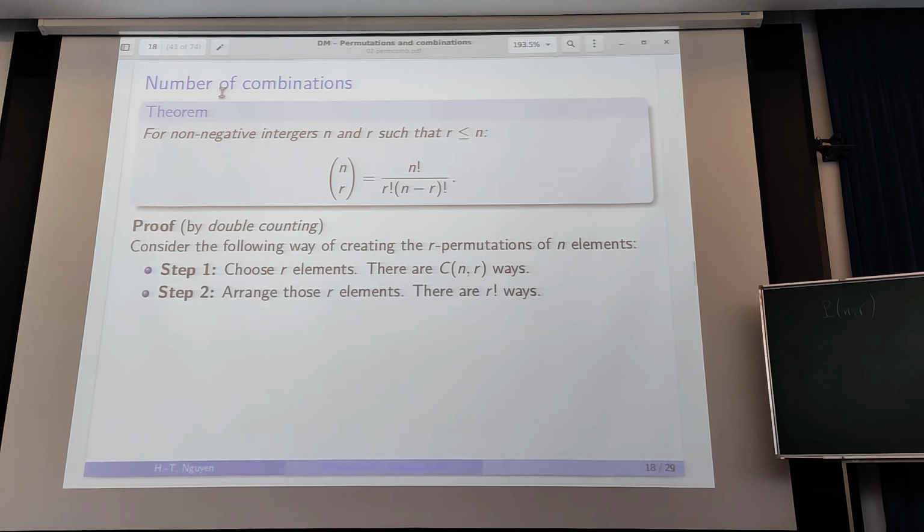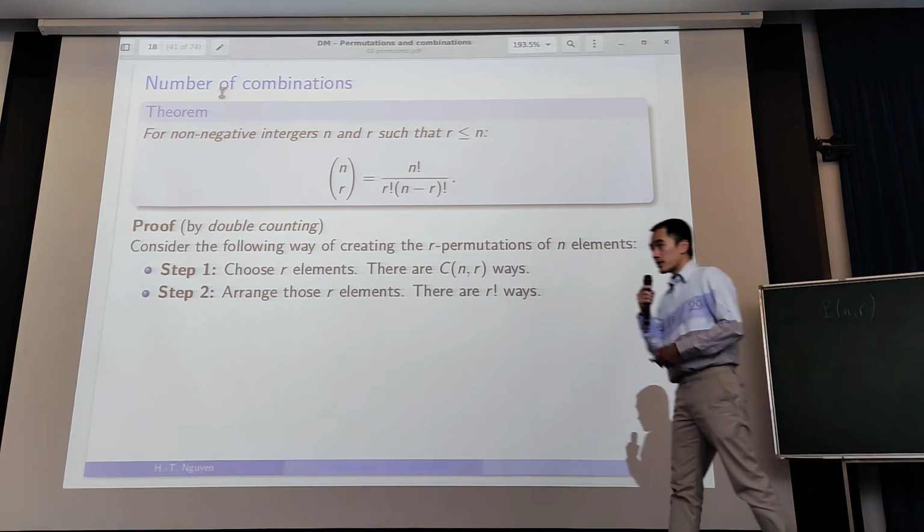So now in step 2, we already have r elements, and we will arrange them. That means that we will choose a permutation of these r elements. You know that for r elements there are r factorial ways to arrange them.